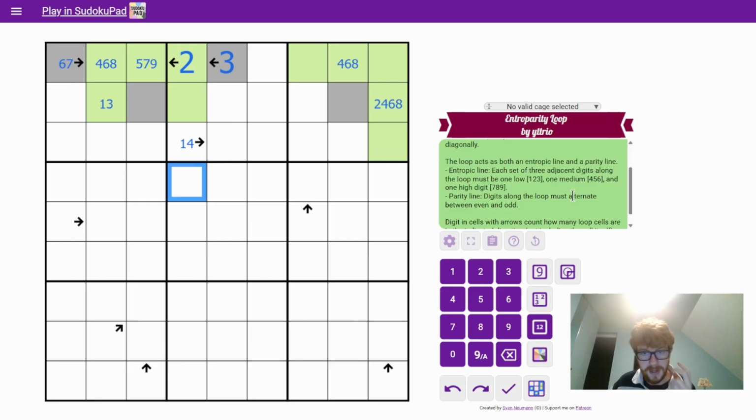Because it either has 1 even digit or only 1 odd digit, and I think that's very forcing. So maybe that's something. This is also 1 through 4, but I don't know yet.